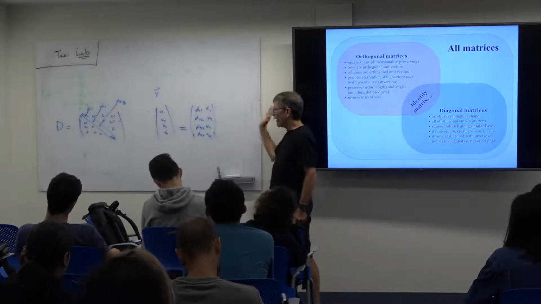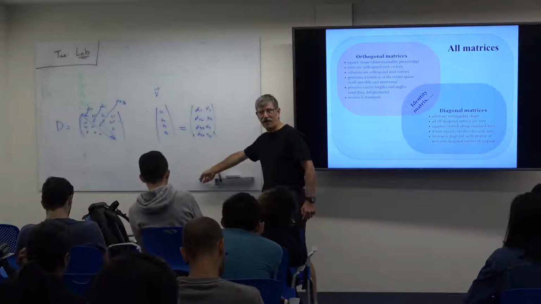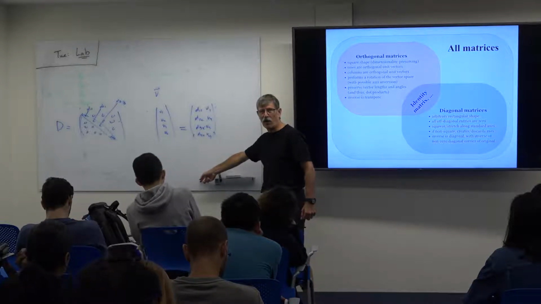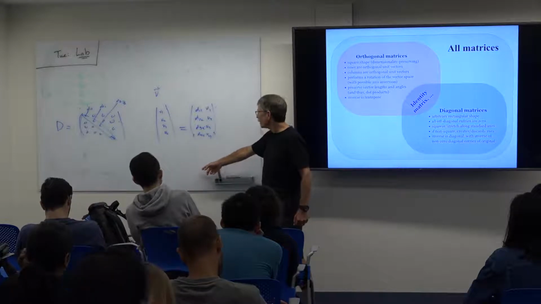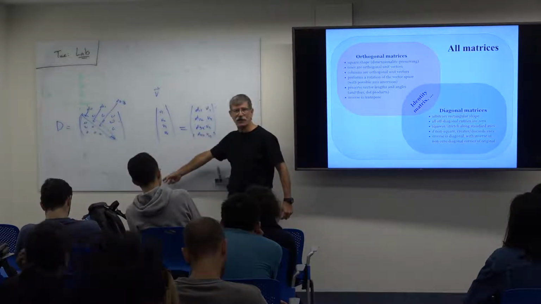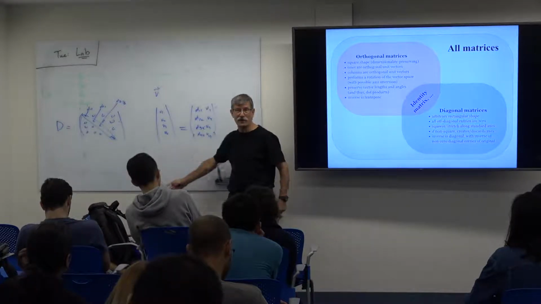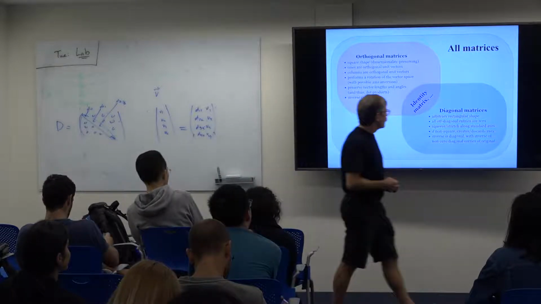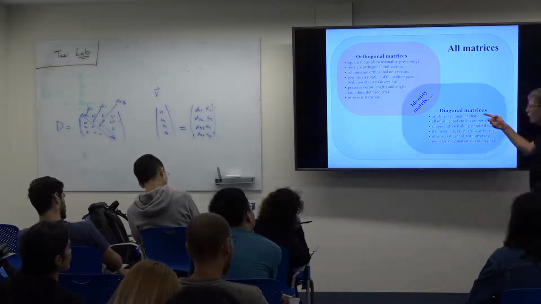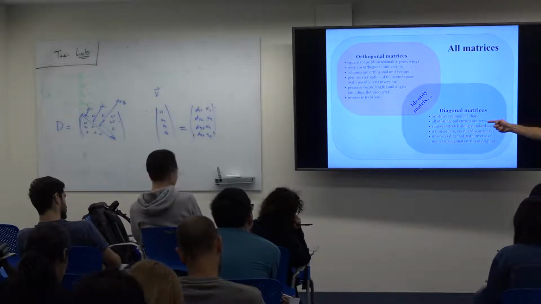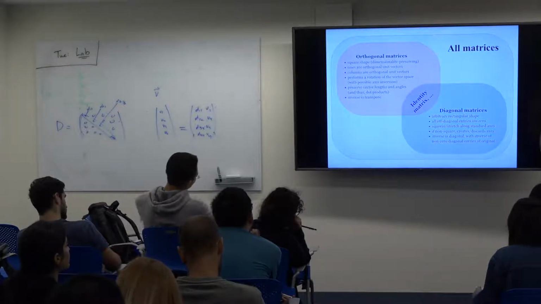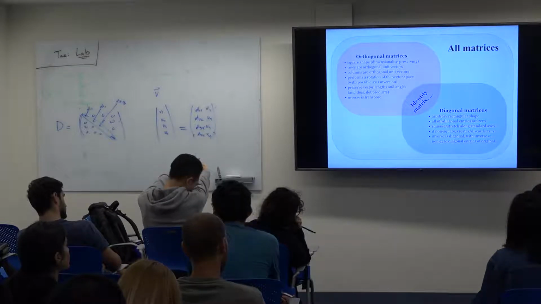So either you add a bunch of zeros at the end, at the bottom of your vector, if it's taller than it's wide, or if it's wider than it's tall, it takes all the extra stuff in this vector and throws away those dimensions. Okay? So diagonal matrices don't have to be square. The definition is that any entries in such a matrix off the diagonal are 0.